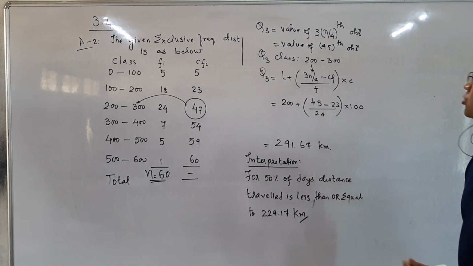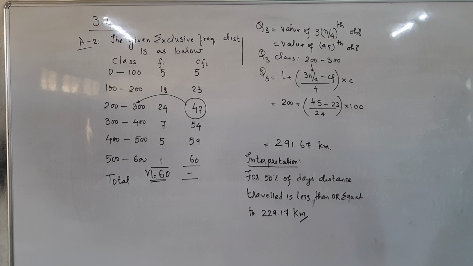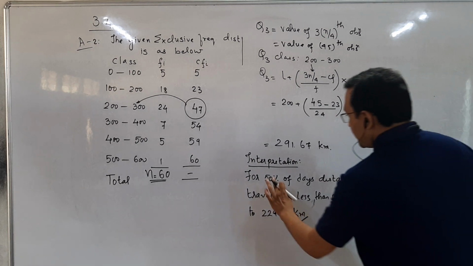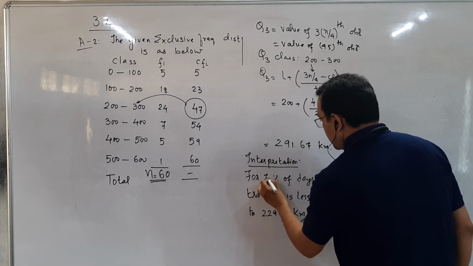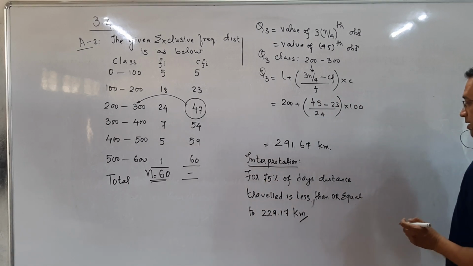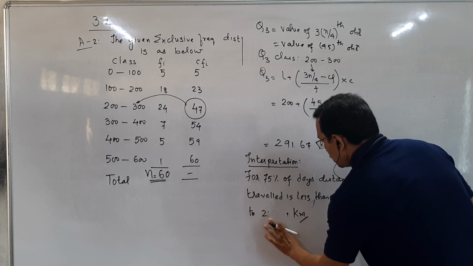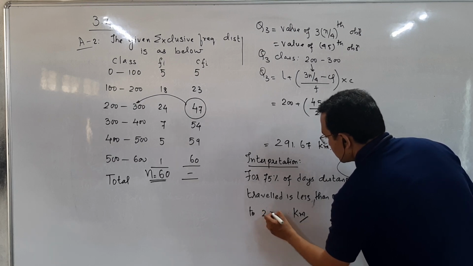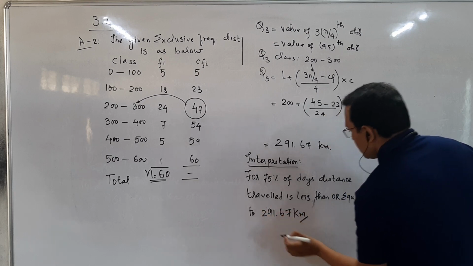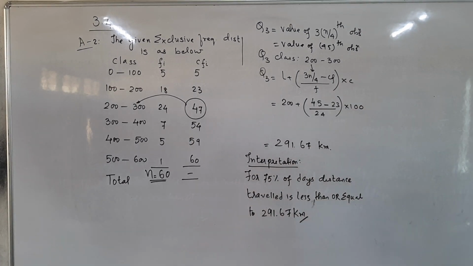So Q3. Now, if I draw the line diagram, the observations less than or equal to Q3 will be 75% of the observations. So for 75% of the days, the distance traveled is less than or equal to 291.67 kilometer.